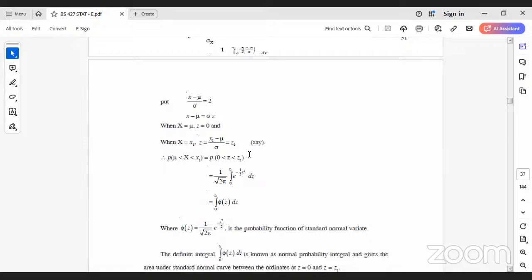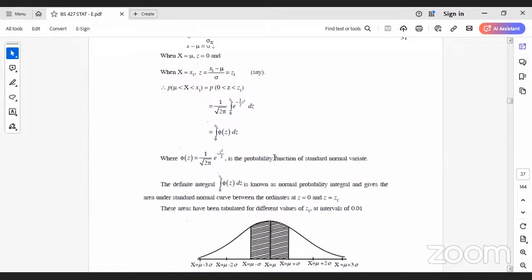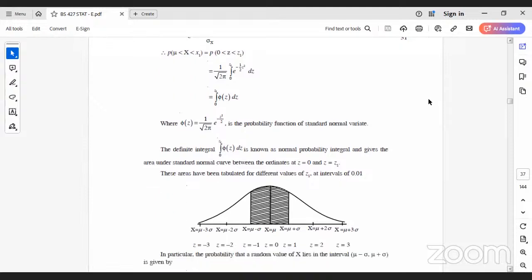1 by root 2 pi, integration of 0 to z1 e power minus 1 by 2 z square dz, integration of 0 to z1 phi of z dz, where phi of z is 1 by root 2 pi e power minus z square by 2, the probability density function of the standard normal variate.